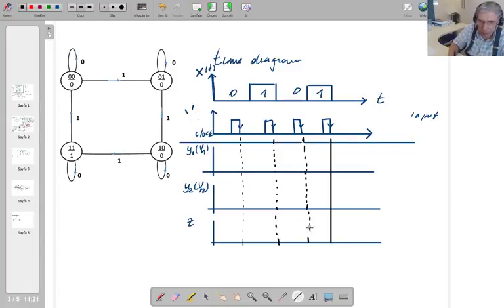Now, before the first clock pulse, my initial state I am going to observe. My initial state is 1, 1. So small y1 is 1, small y2 is 1. Afterwards I will be using this state. I haven't applied any clock pulse at all.